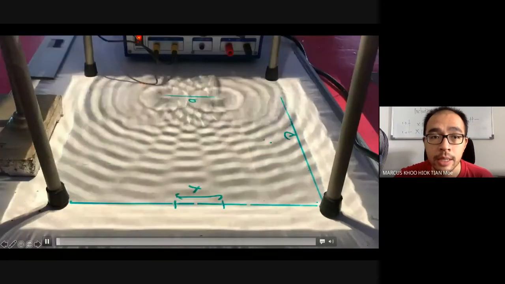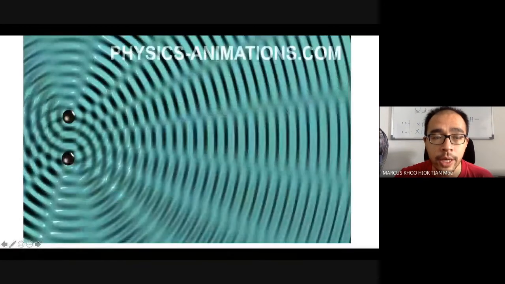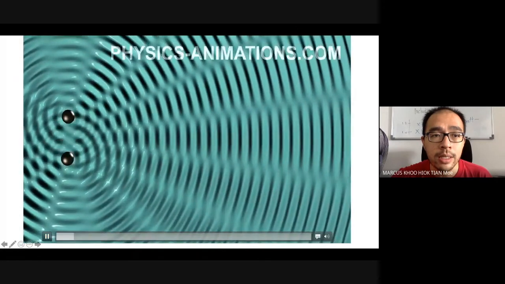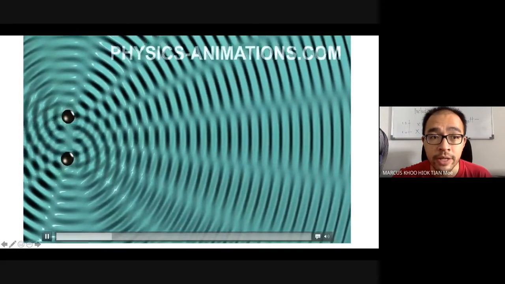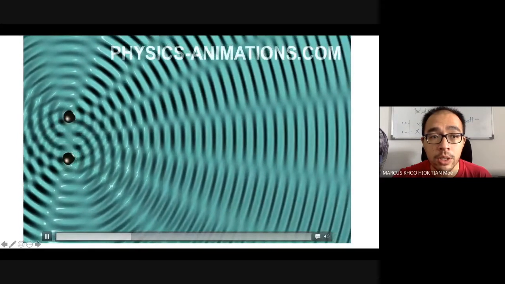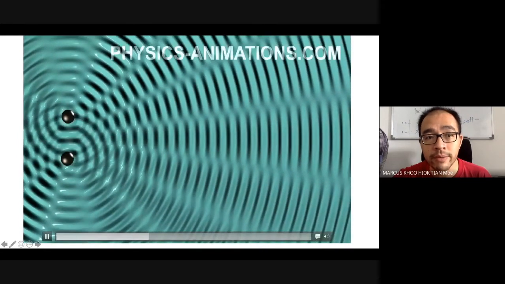Here's another one, an even better description. So you're going to have this interference pattern. This is an interference pattern that happens because of the superposition of these two waves.